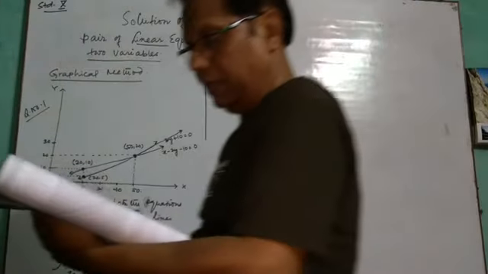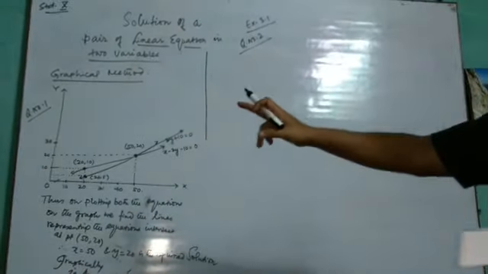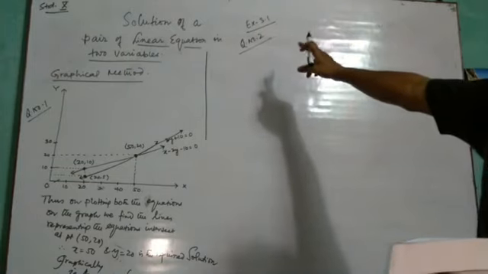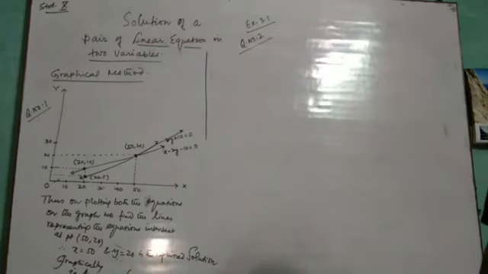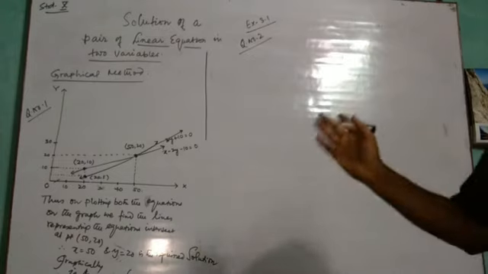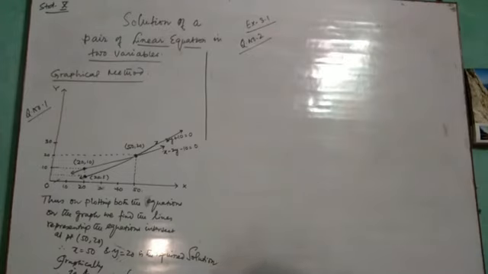Now I am coming to 3.1, question number 2. Romila went to a stationery shop. You can find this question in your book.